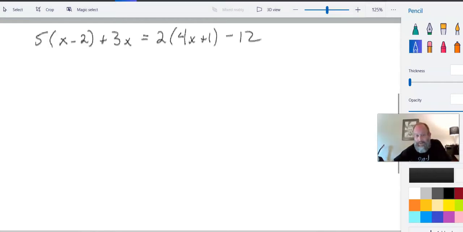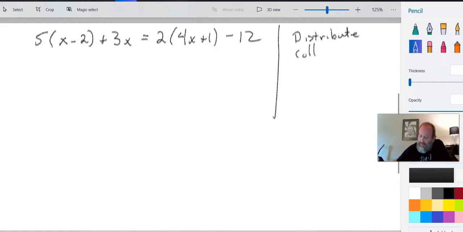Okay, so here's our next example. Remember, this is for you guys to work on. Remember what you want to do is you want to distribute, right? You get everything distributed first, collect like terms, right?